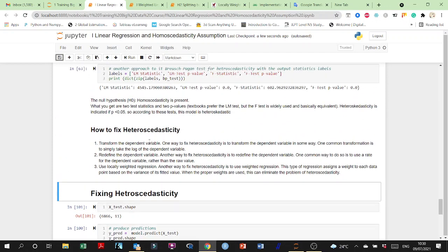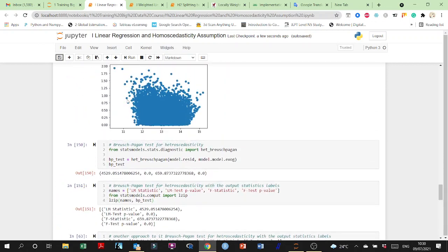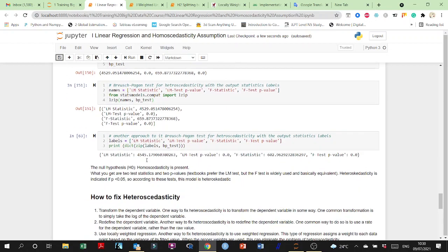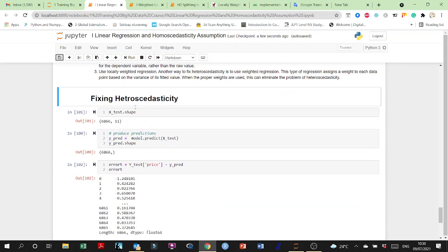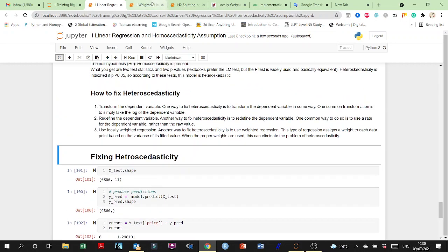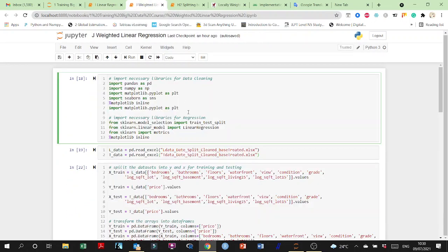With locally weighted regression, we give a weight to each point based on its distance from our anchor point, or the kernel. With this, we will be able to fix heteroskedasticity.